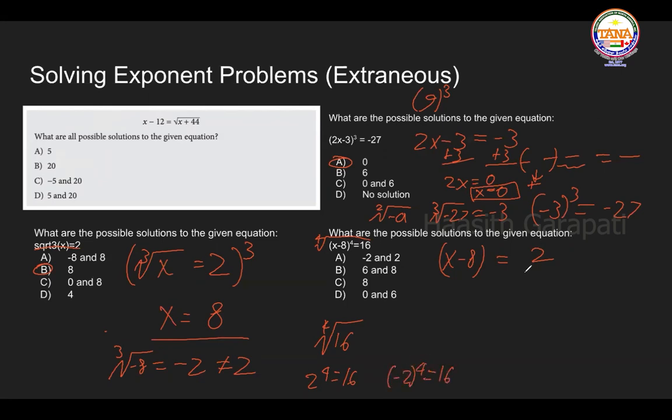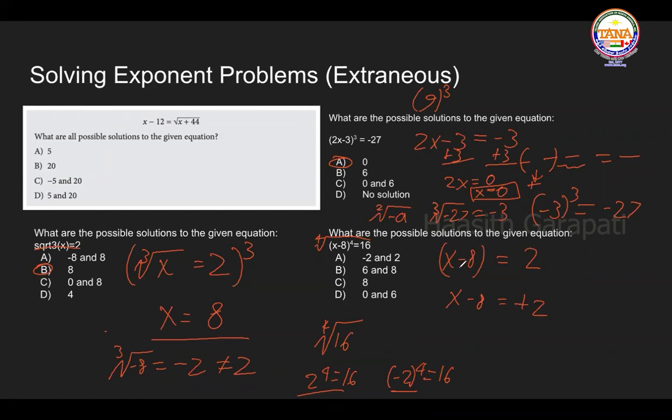It's equal to the same thing, right? So you have to consider the negative version. And in that case, you have to create two equations where x minus 8 is equal to 2, and then x minus 8 is equal to positive 2.